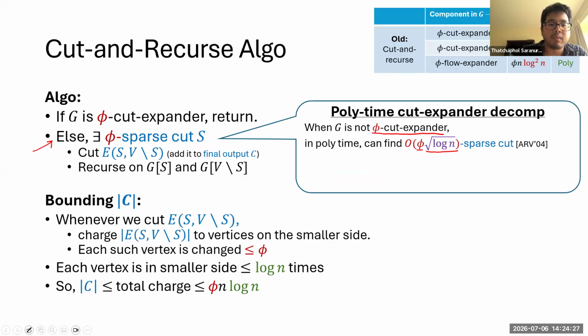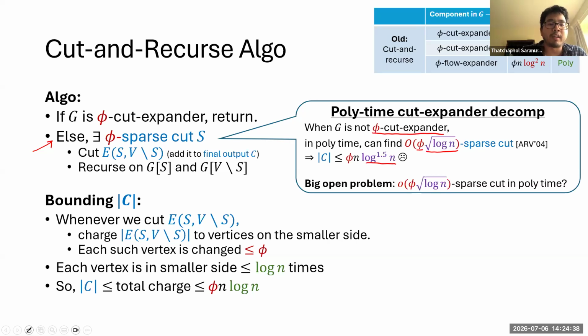But this results in a worse bound here. Okay? You pay a bit more, by a square root log n factor in total. And we don't know how to improve this directly, because it has been a big open problem whether you can improve this bound to get a sparser cut, anything better than phi square root log n sparse cut in poly time. We don't know how to do this. If you can do it, it's a huge deal. Okay, that's how you get this bound here.